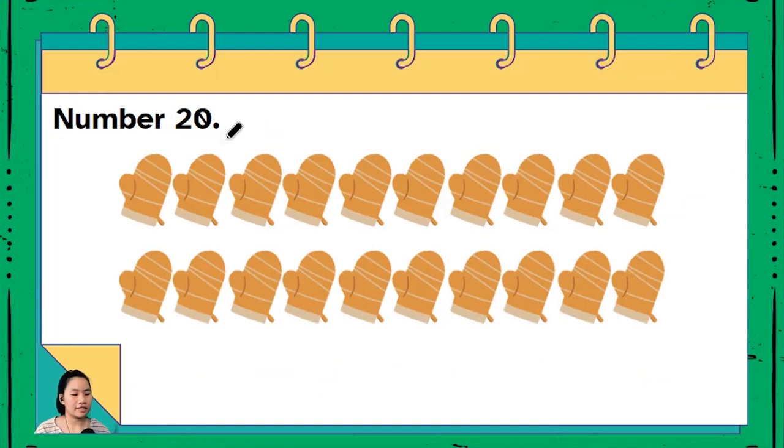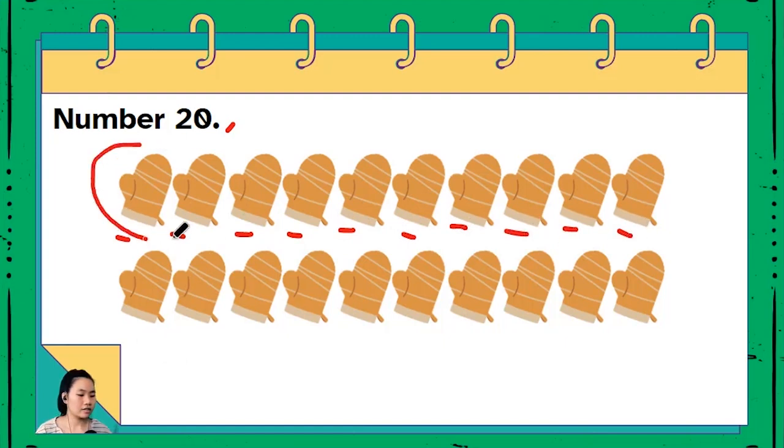Now, last but not least, the final number, 20. Let's count. 1 mitten, 2 mittens, 3, 4, 5, 6, 7, 8, 9, 10.